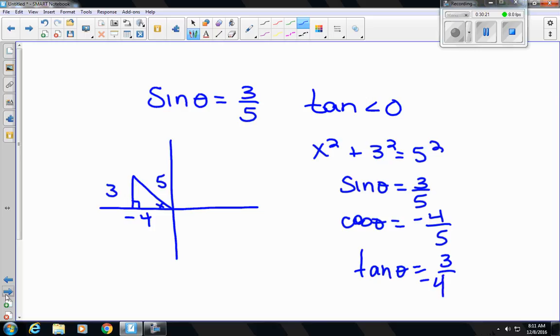Now, how do we get the other ones? Sine is the reciprocal of cosecant. And so we flip that and it becomes 5/3. Cosine is the reciprocal of secant. And we flip that and it becomes -5 over 4. And tangent and cotangent, -4/3. That's it.